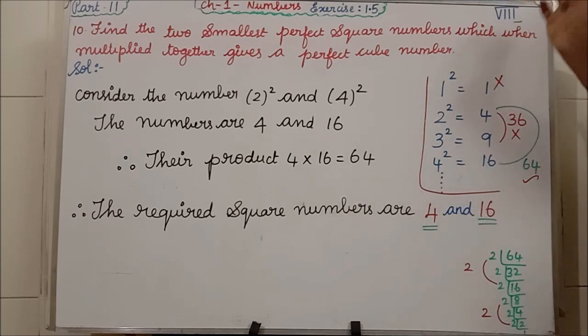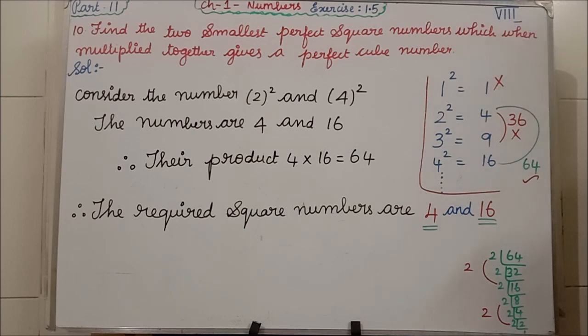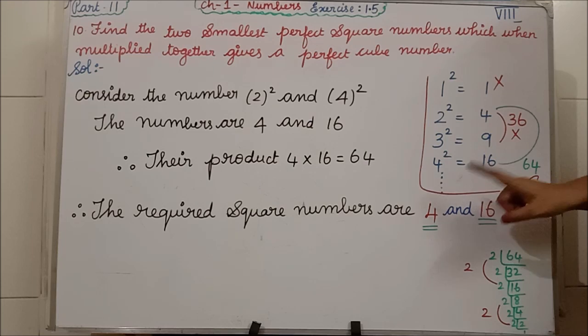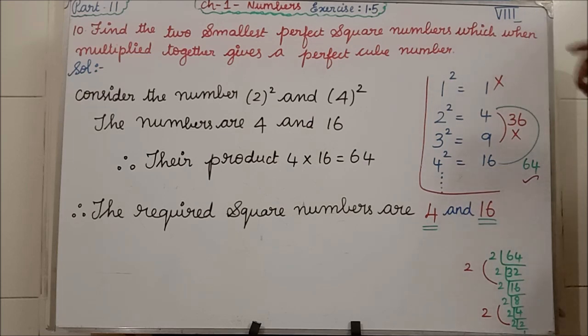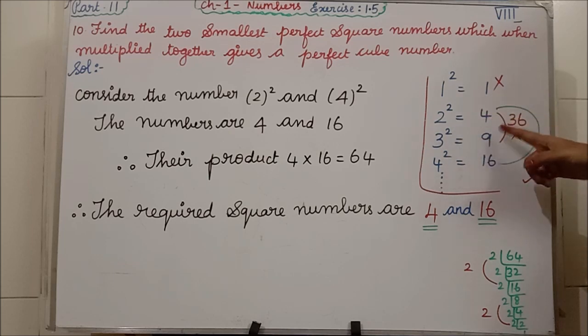Now listen, they are talking about perfect square numbers. So I'll start from 1 square, 2 square, 3 square, 4 square, like that it goes on. 1 square is 1, 2 square is 4, 3 square is 9, 4 square is 16.